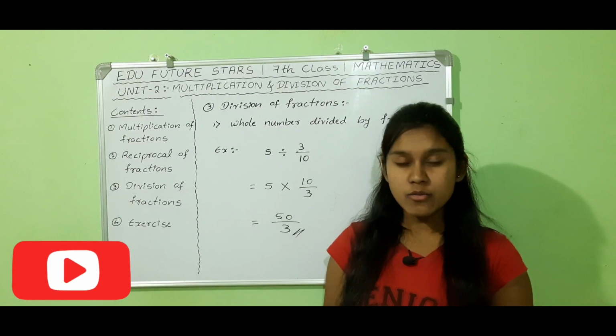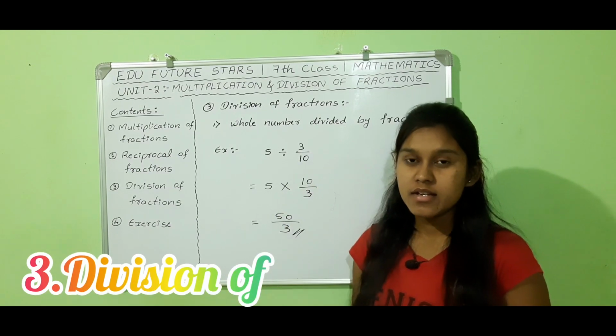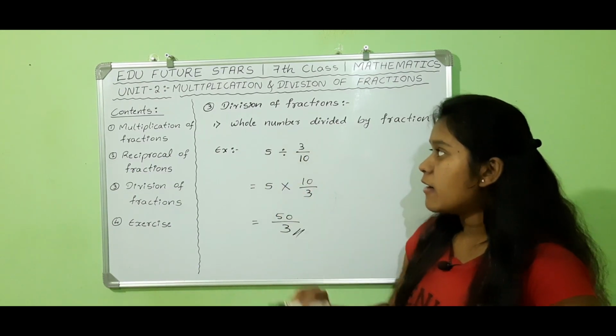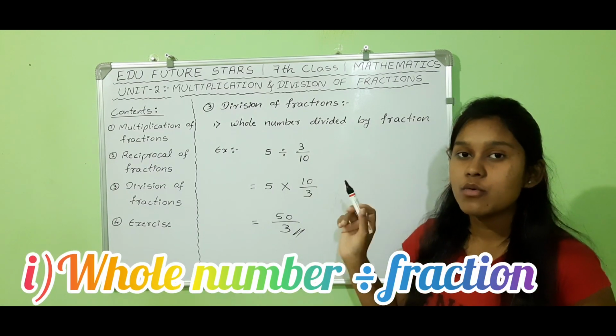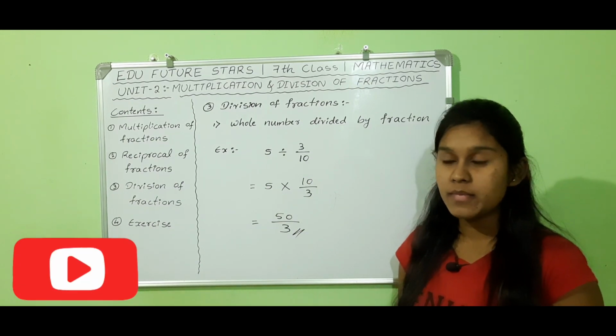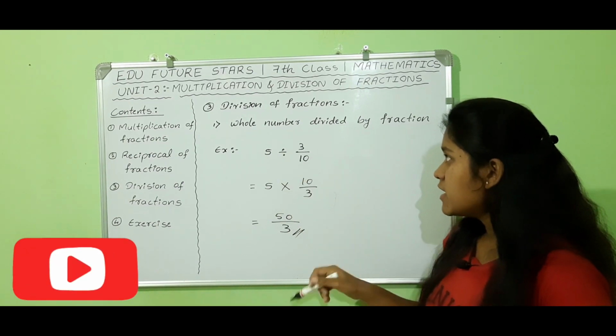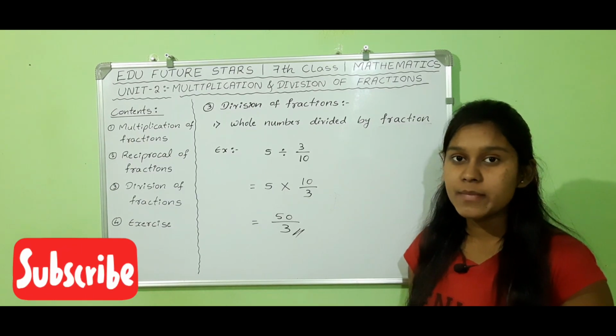Understood? Now see the third one, division of fractions, right? Here we have the first point, whole number divided by fraction. So whole number means what? I am taking a 5. 5 is a whole number and it is divided by a fraction. 3 by 10 is what? Fraction number, right?